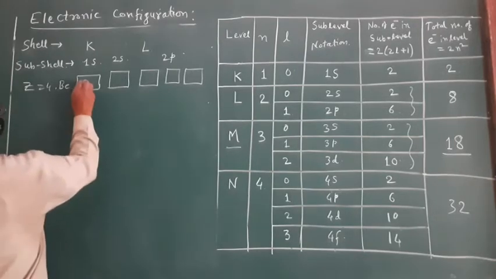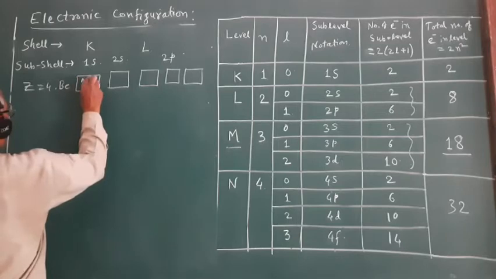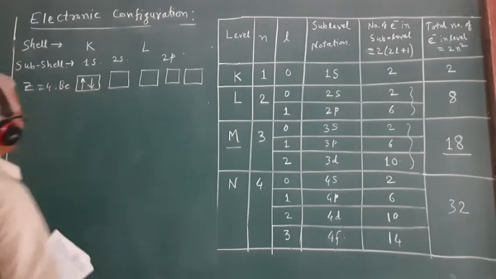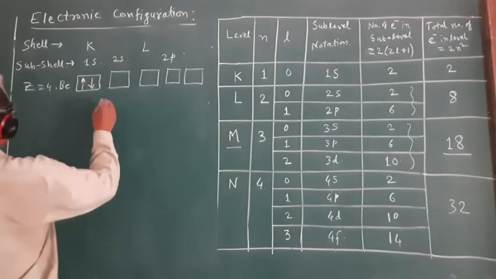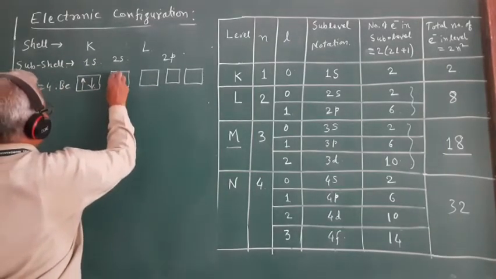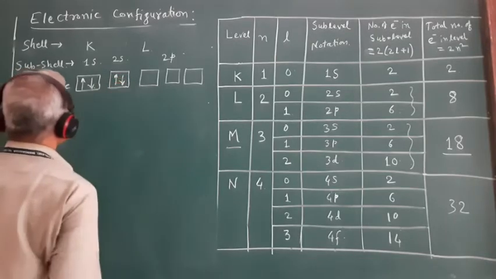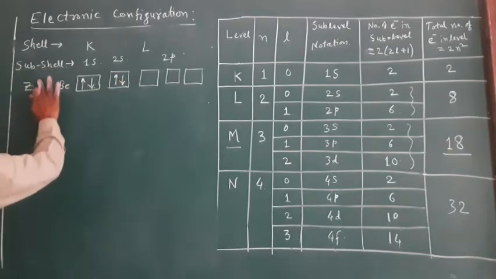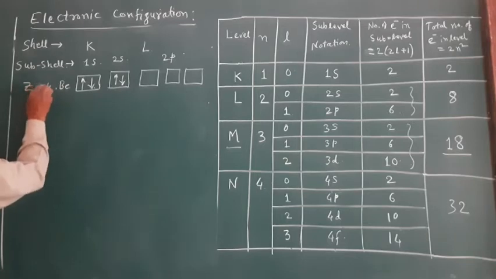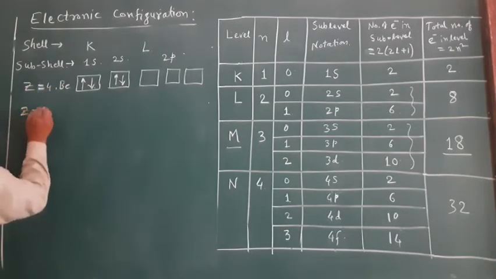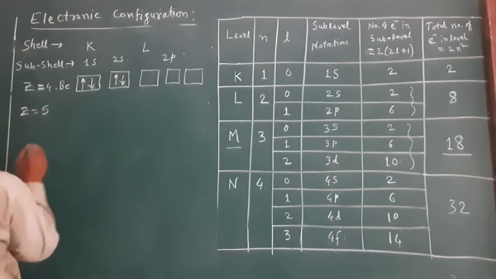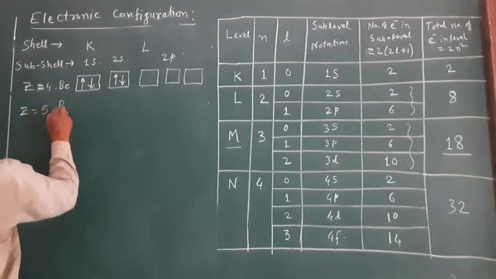The first 2 electrons are accommodated in the K shell, that is in the 1s level, and the remaining 2 electrons are accommodated in the 2s level. This is Z is equal to 4. Then next is Z is equal to 5, boron.